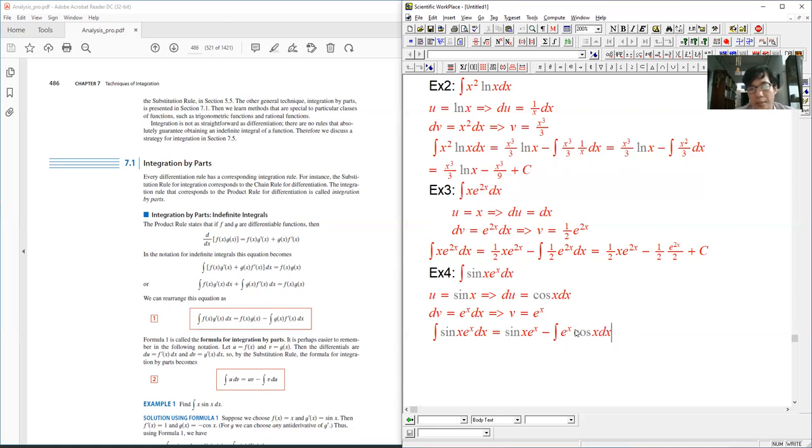And we see that this integral needs integration by parts another time.